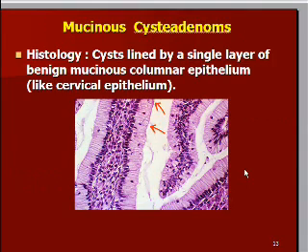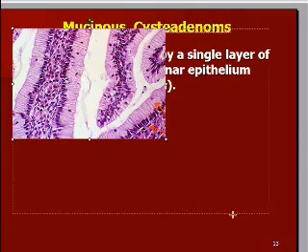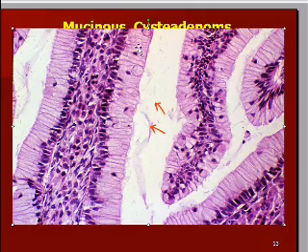Next we discuss the mucinous cyst adenomas. By the name you can suggest that it is a benign tumor. Now mucinous cyst adenoma, as I told you, is a tumor that contains various kinds of mucinous non-ciliated epithelium that resemble the endocervix. You can look at this picture. Can we recognize this cell?